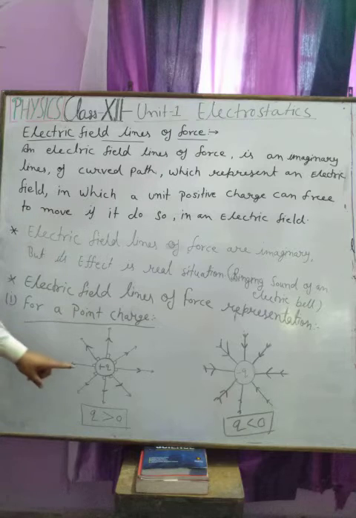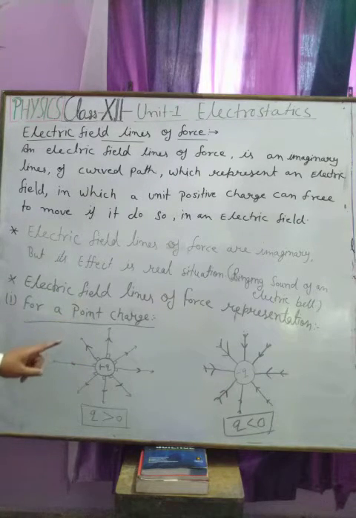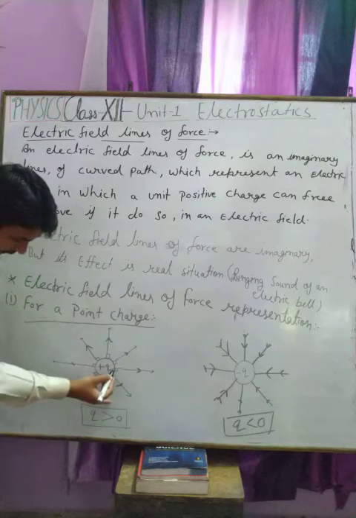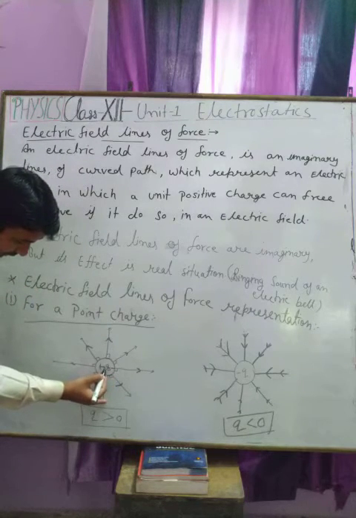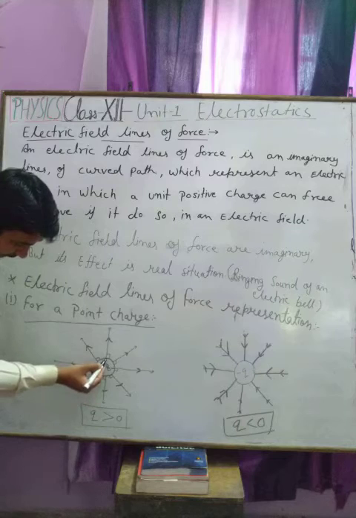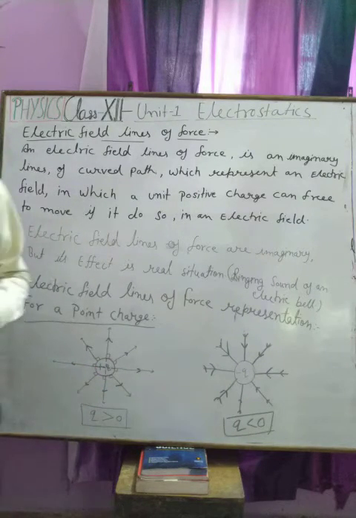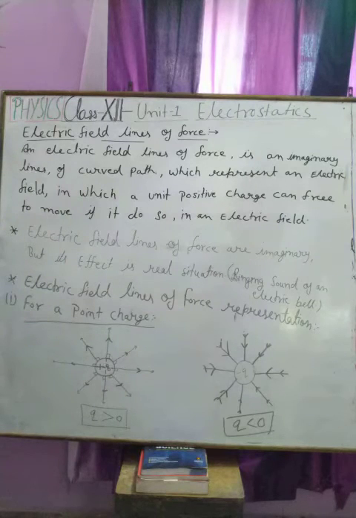For the positive charge the electric field is outward, and for the negative charge the electric field is inward. One thing is also noticeable: the field lines move radially, so we call it radially outward or radially inward. Form it and write the notes.